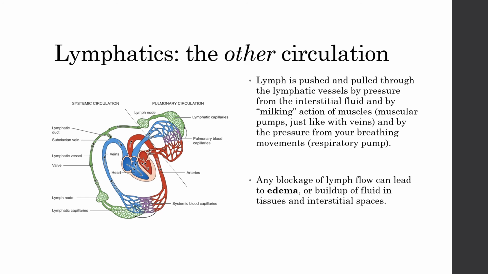But sometimes one of these lymph vessels gets blocked, and that leads to a buildup of fluid upstream of that clog, and that buildup is called edema or lymphedema, a buildup of fluid in your tissues and interstitial spaces that causes swelling and discomfort.